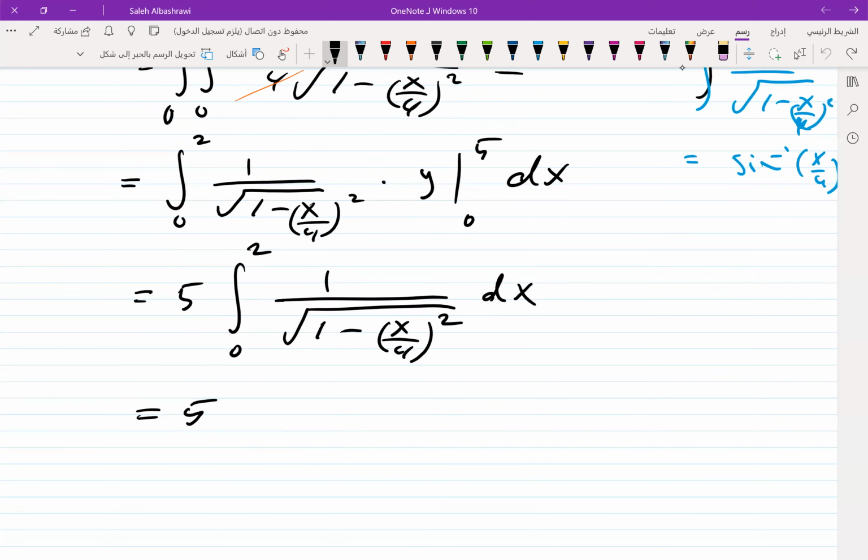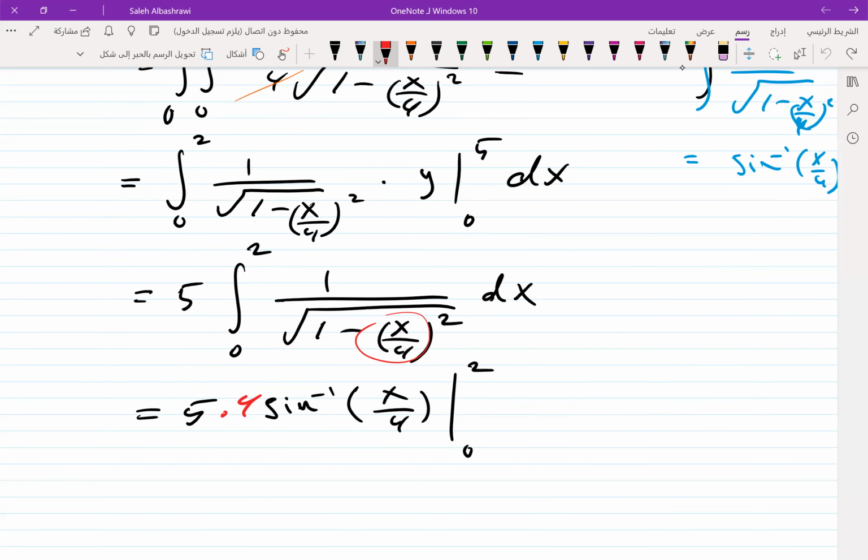This will give me sine inverse of x over 4, with limits from 0 to 2. So it is equal to 5 multiplied by sine inverse of x over 4 from 0 to 2, multiplied by 4.